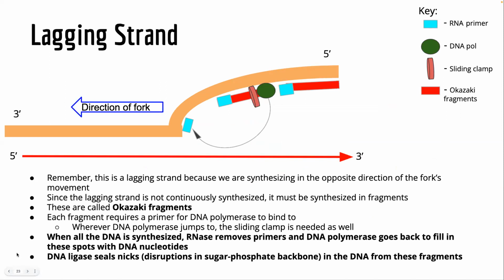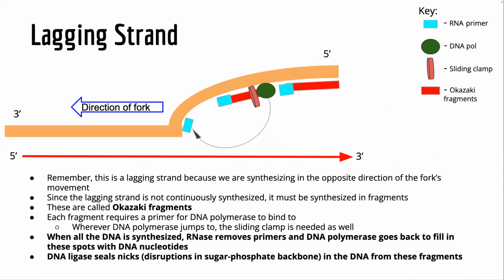So this is just some information about the lagging strand. The lagging strand is always going to have Okazaki fragments, which we'll talk about more in a few seconds. The lagging strand will always have Okazaki fragments because it is not continuously synthesized.